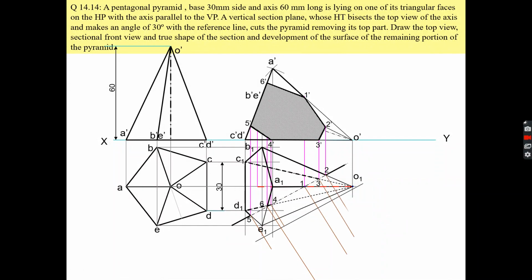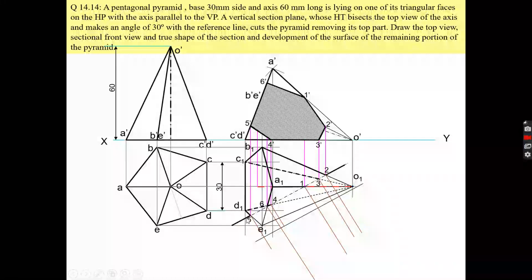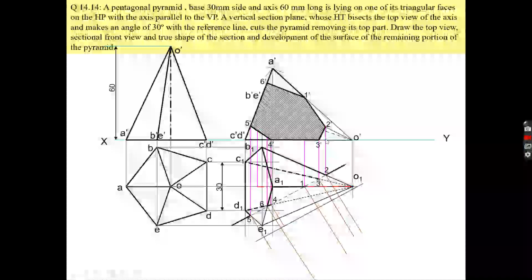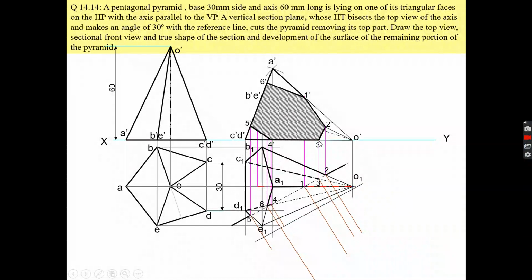like this. And after drawing the projectors, you have to take the measurement of point 1, 2, 3, 4, 5, 6 in the front view. So this is your point 1 here. So you can measure the distance of point 1 from the XY line like this. Point 2, point 3 is on the XY line. Point 4 is on the XY line.